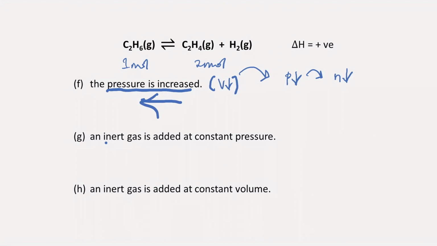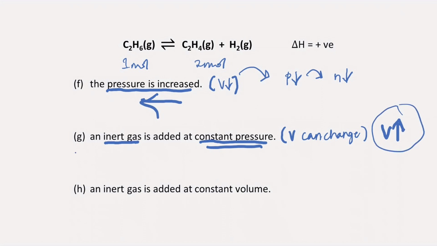Okay. When an inert gas is added at constant pressure. Okay, constant pressure maksudnya volume can change, right? So, how does it change? Your volume will increase. Okay. So, when your volume increases, maksudnya your total pressure remains the same.